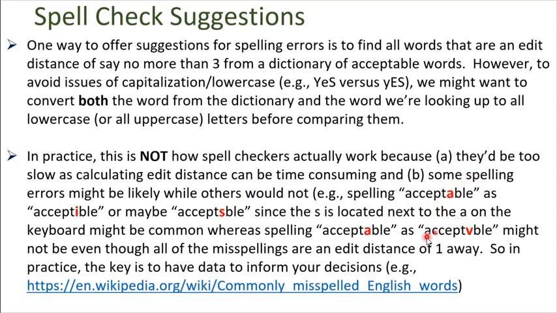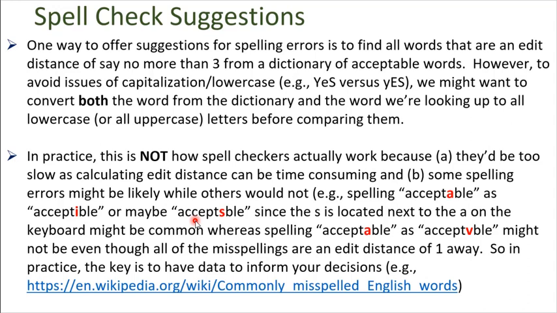But it's unlikely that you would spell acceptable with a V, right? These are all a distance of one away from the word acceptable, because you just make the replacement of A with I, or A with S, or A with V. But the V isn't likely to be a misspelling, whereas the other two would be much more likely.